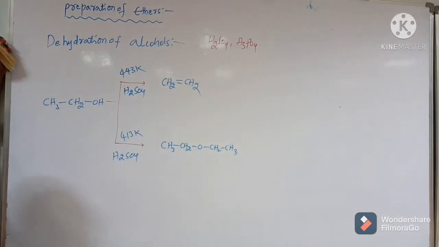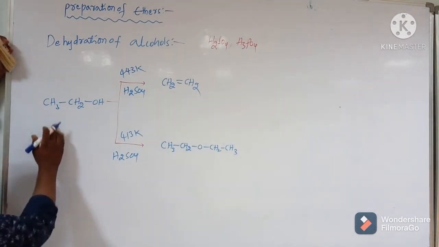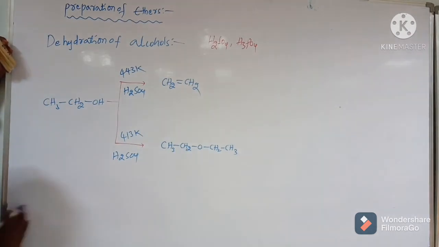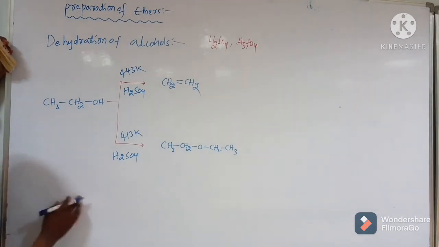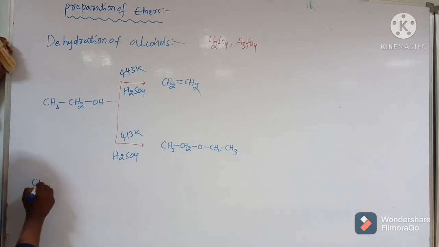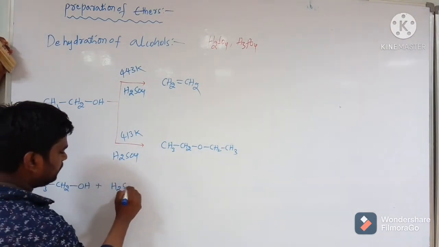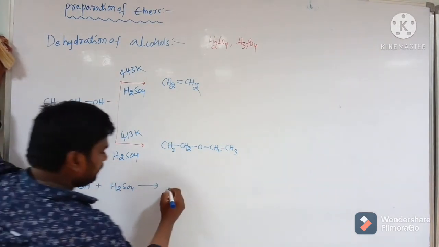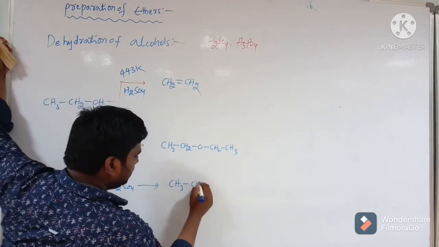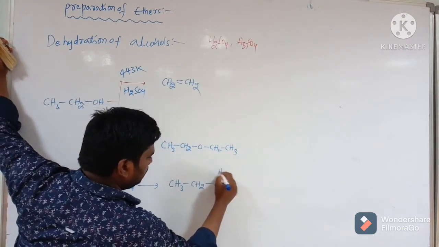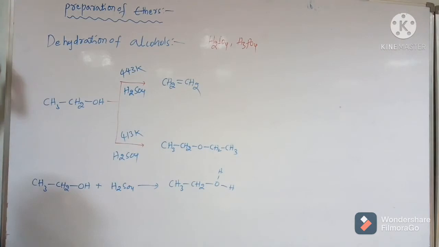If you take secondary or tertiary alcohols, for example, protonated alcohol: CH3CH2OH plus H2SO4, we get CH3CH2OH2+. So the alkyl substitution takes place on the protonated alcohol.